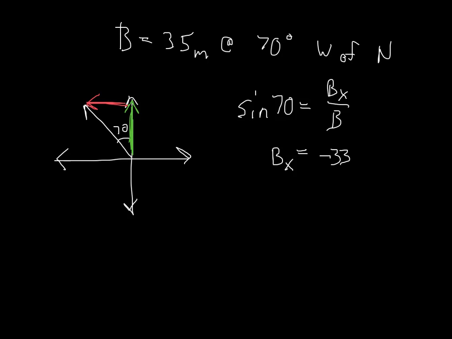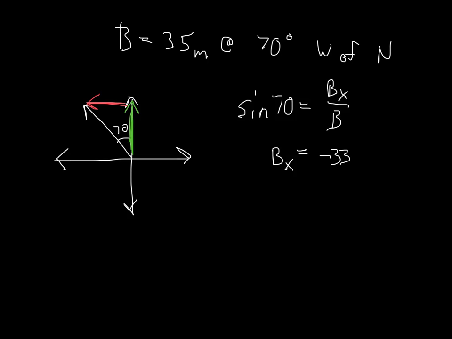negative 33. Ooh. Yep. How did I get that? You just plug it into a calculator and you get that. No, I mean, what happens if you plug it into your calculator? It's positive. I put a negative on there. I'm allowed to do that? Yeah.